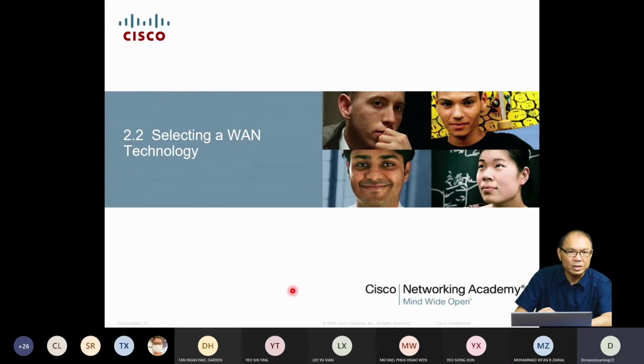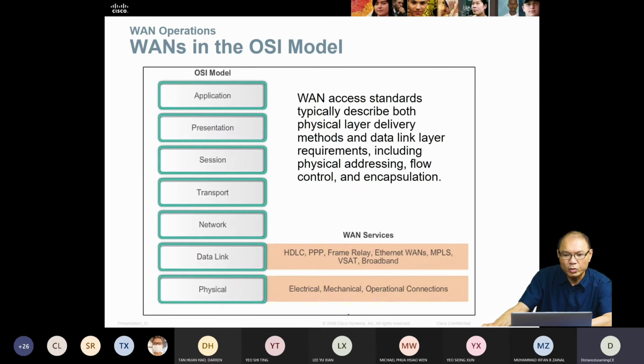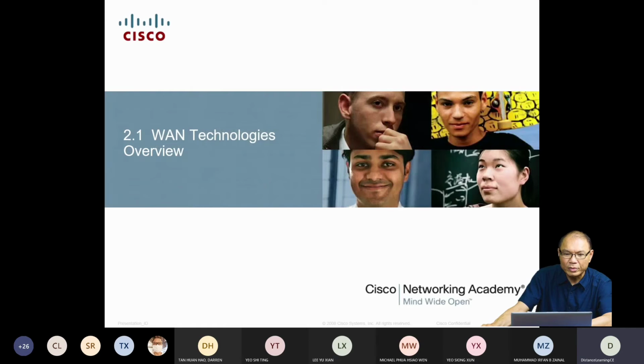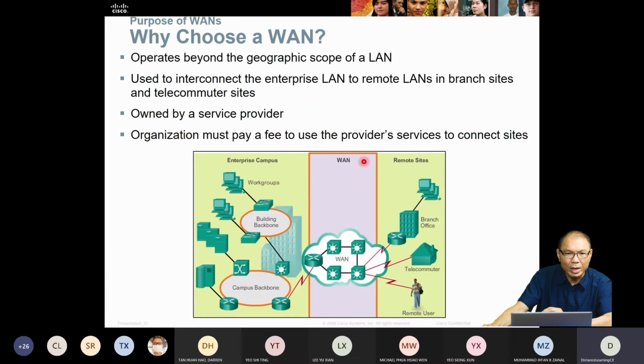So these are the two wide area network technologies that you have to be familiar with. First, let me quickly recap. First, we were talking about what is a wide area network, and why there is an argument for us to use a wide area network.